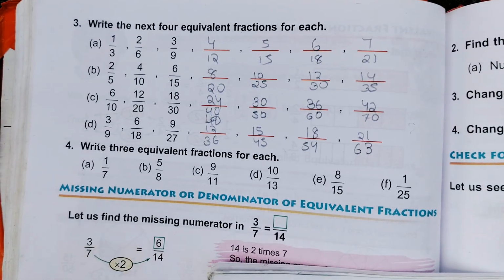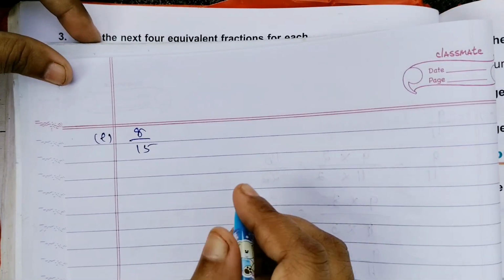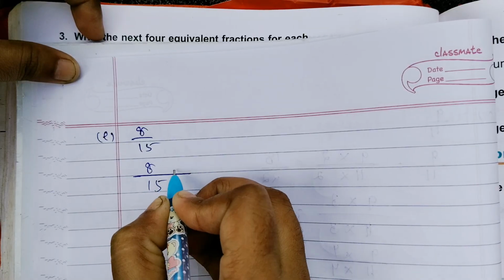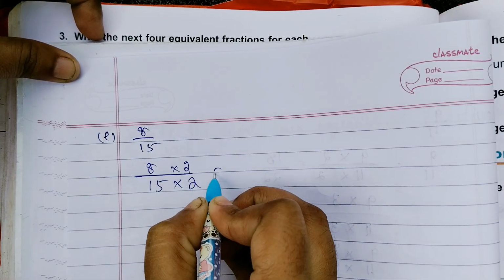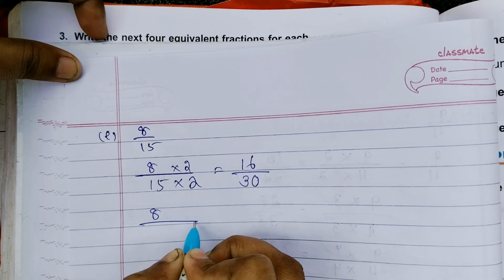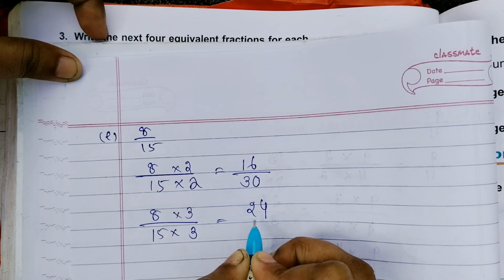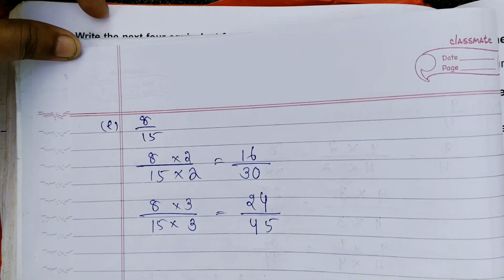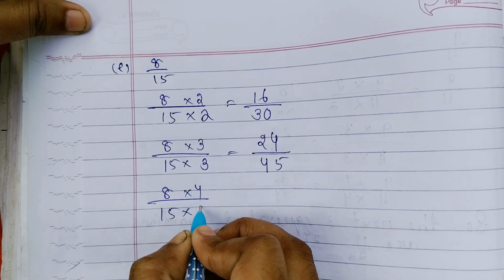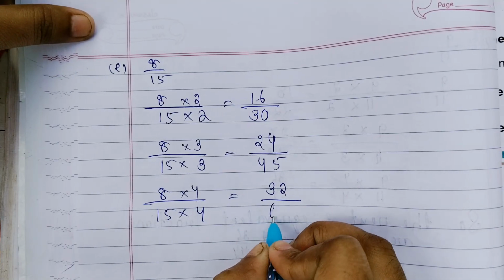Then another point E, 8 by 15. So we find next three equivalent functions of 8 by 15. 8 by 15 into 2. 8 times 2 is 16, 15 times 2 is 30. Then 8 by 15 into 3. 8 times 3 is 24, 15 times 3 is 45. Then 8 by 15 we multiplied by 4. 8 times 4 is 32, 15 times 4 is 60.